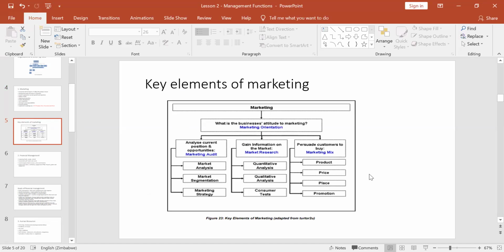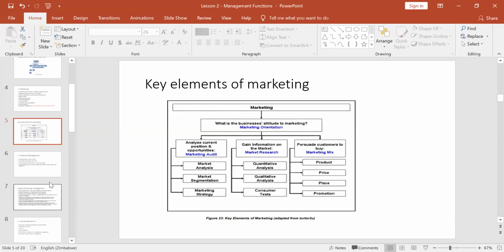So we have an illustration here showing some of their day-to-day basis, the analysis that they take care of, the market audit, market research, and marketing mix that marketing managers are in charge of.